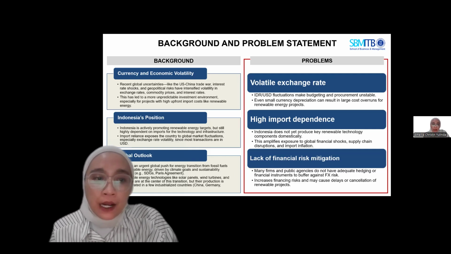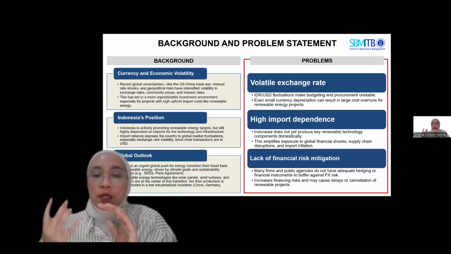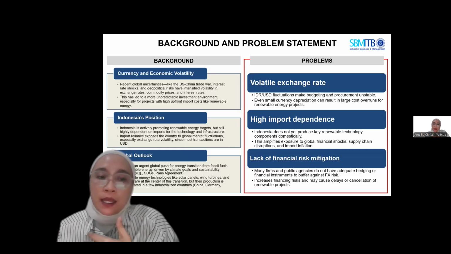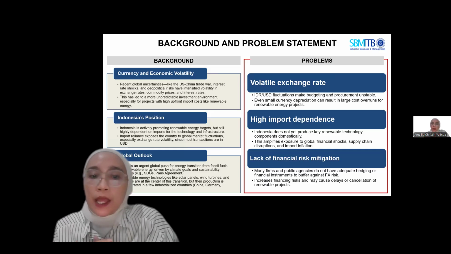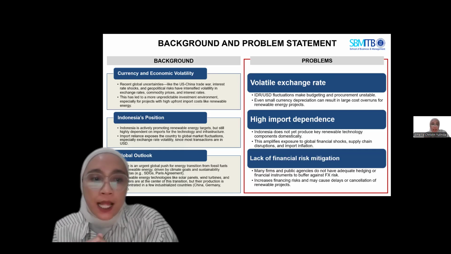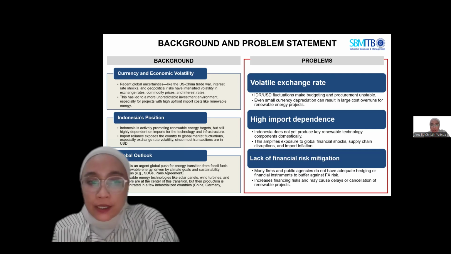The second background is about Indonesia's position. I want to develop some ideas about how Indonesia is currently actively involved in sustainability business. It means many are actively promoting renewable energy targets in several industries, but still highly dependent on imports for several technologies or infrastructure.